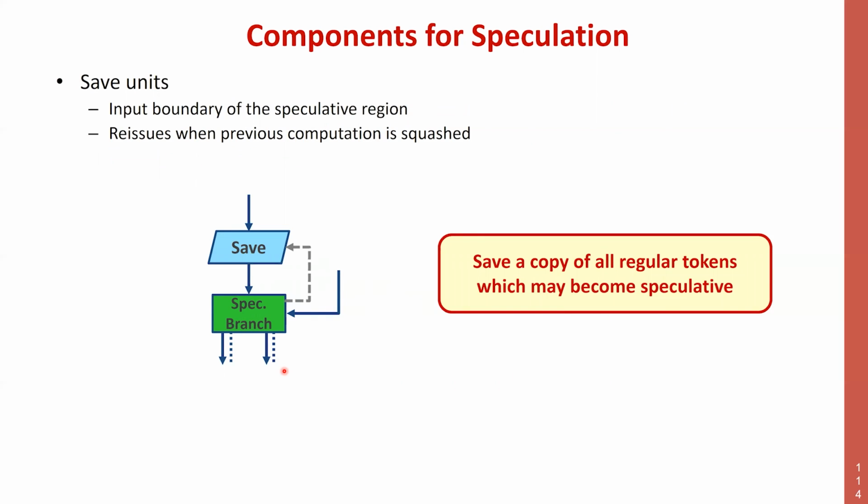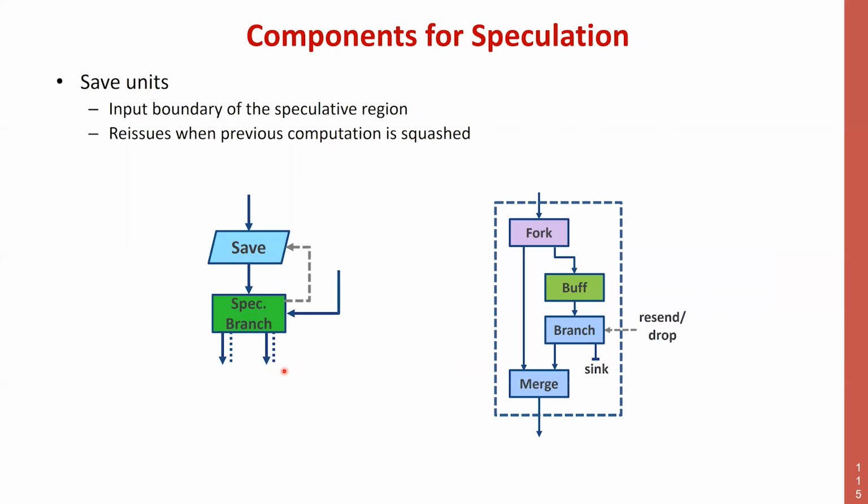And it will need to resend the same token, right? So what it needs to do is save the token, so that once it figures out that it was sent to the wrong side, it will take the token that was saved and send it on the correct side.